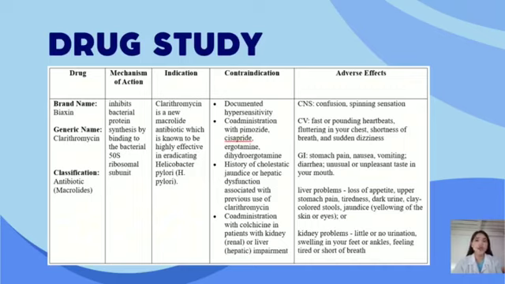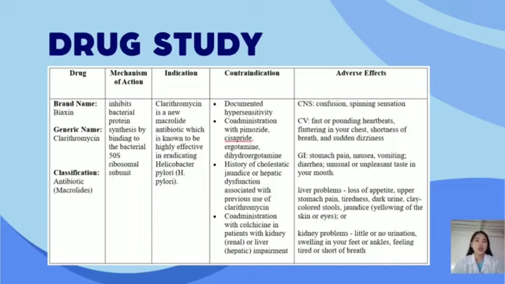It is contraindicated for documented hypersensitivity to the drug, history of cholestatic jaundice or hepatic dysfunction, and co-administration with colchicine in patients with kidney problems. Its adverse effects include confusion and spinning sensation.